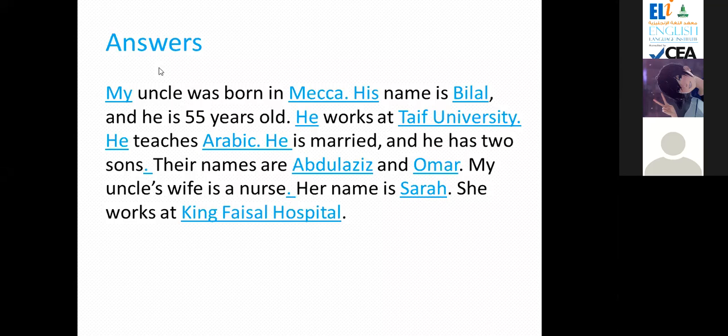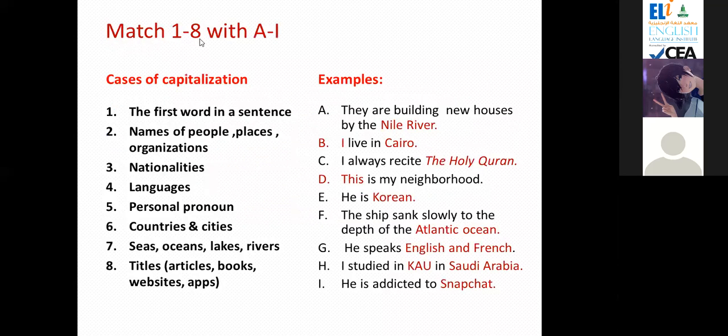Okay, here I want you to match 1 to 8 with A to I. Here we have the cases of capitalization, and here we have examples. Then we will move to comma, and we will talk about comma.